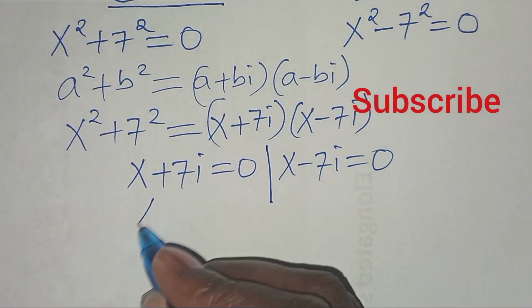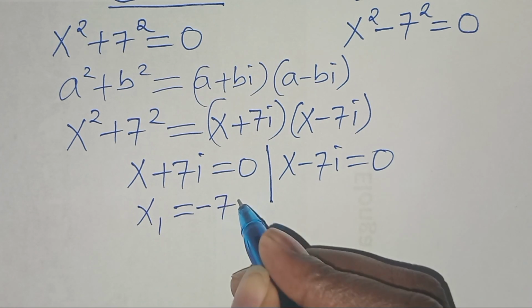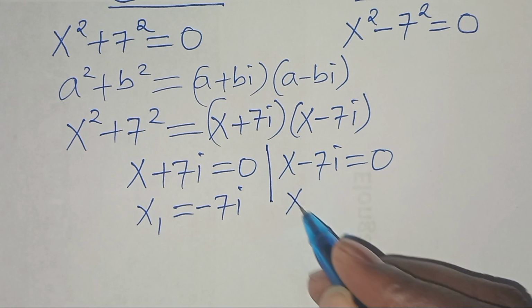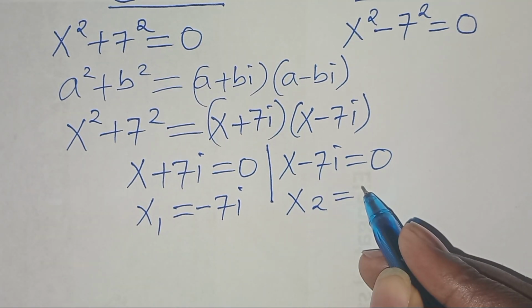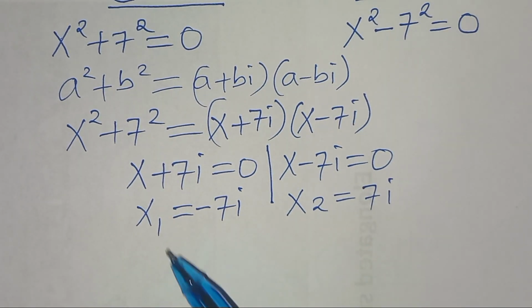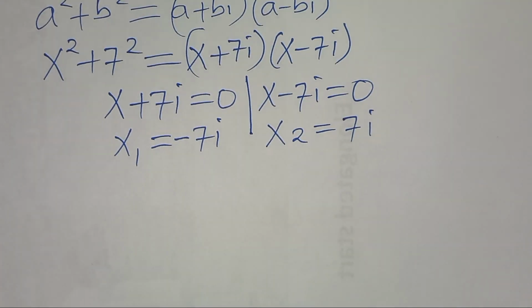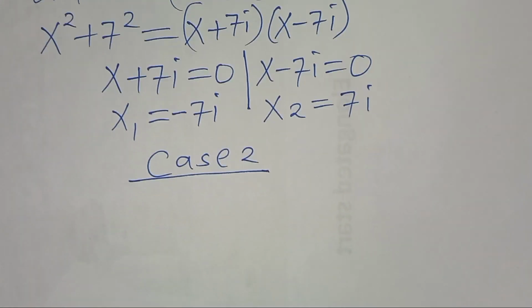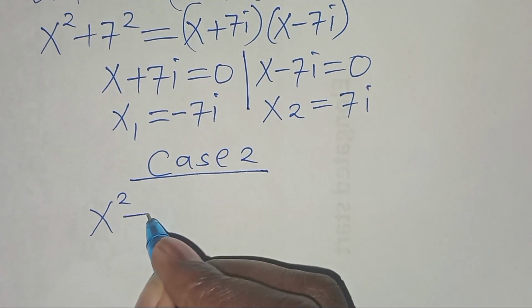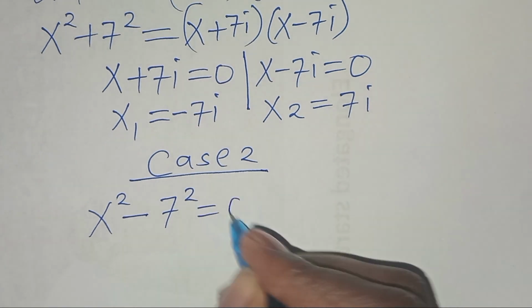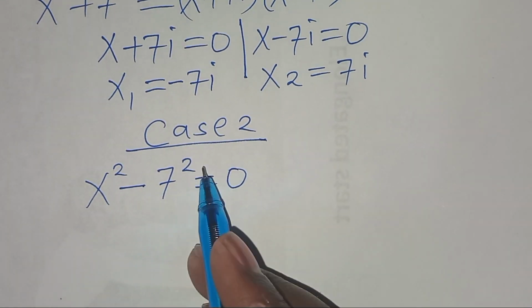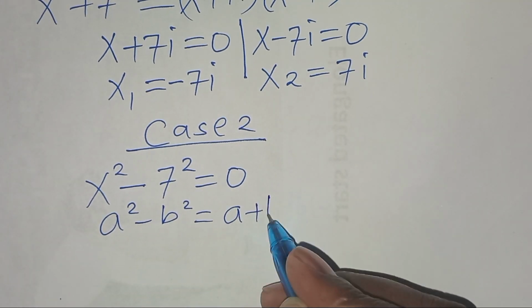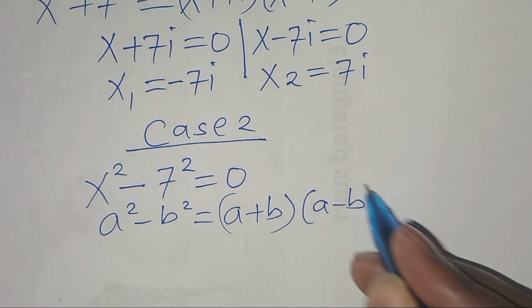So in this case, x1 is equal to negative 7i. For the second part, x minus 7i is equal to 0. That means that x2 is equal to 7i. So we have x1 and x2. So let's proceed to case 2. Here we have x squared subtract 7 squared equal to 0. Now x squared minus 7 squared is in the form of a squared minus b squared, which you can express as a plus b, a minus b.